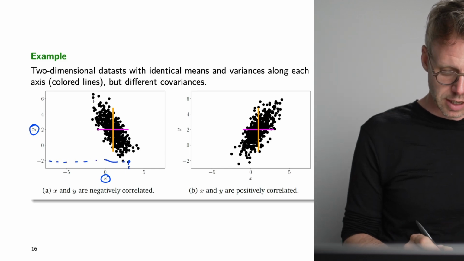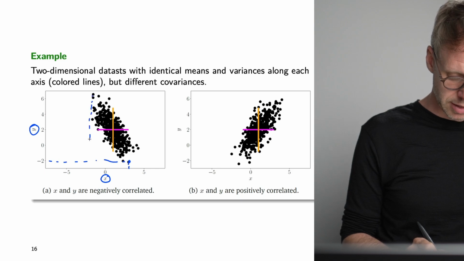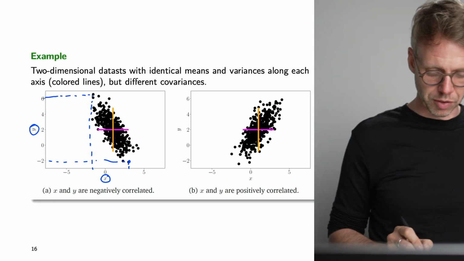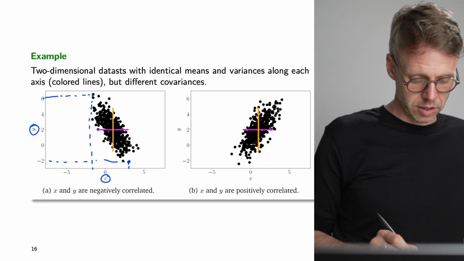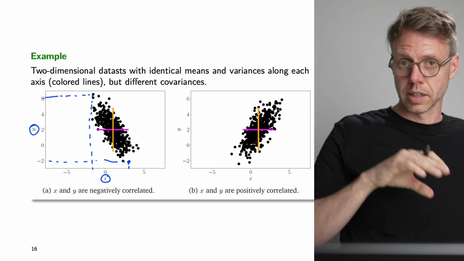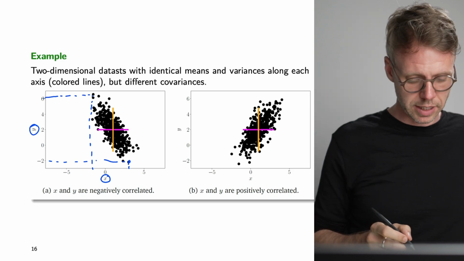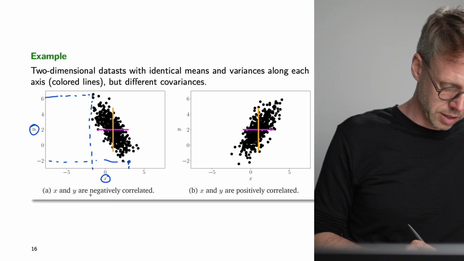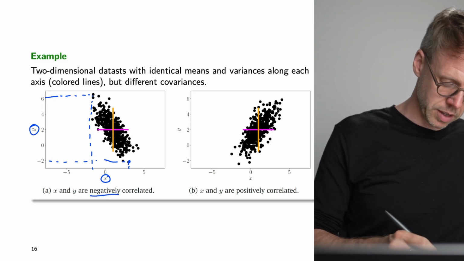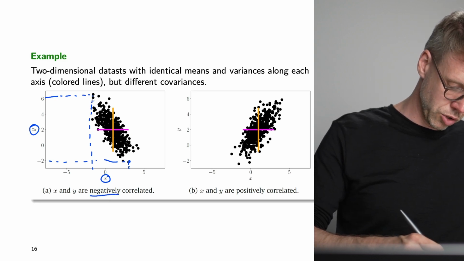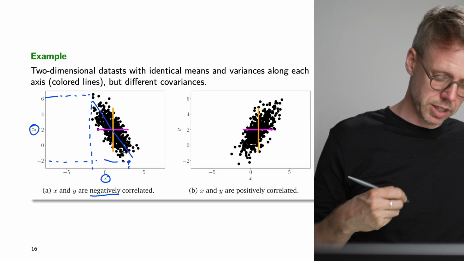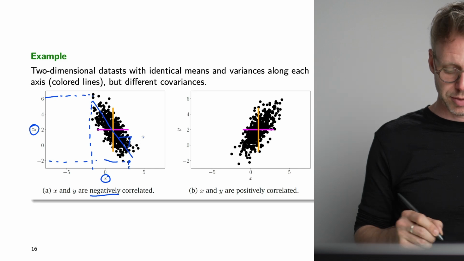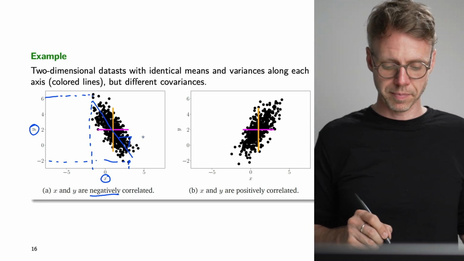And if we get small values of x, values smaller than 0, we get large values of y. So the sign tends to differ between x and y, which means that there's a negative correlation between them. If you draw a line through these points here, you see that this line would have a negative slope.